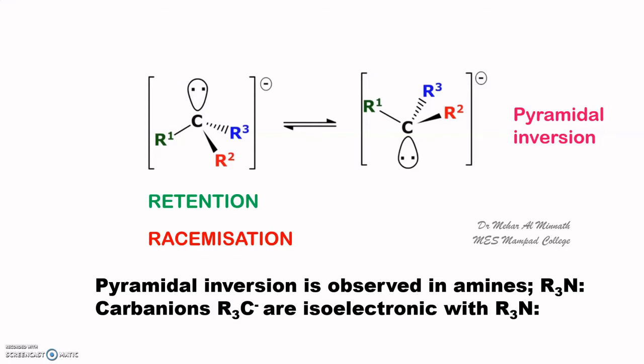So if the carbanion holds the pyramid, we'll get retained product, but if it is flipping, then we get racemic mixture. Remember, when it flips, it doesn't completely flip. An equilibrium is acquired between the two forms.